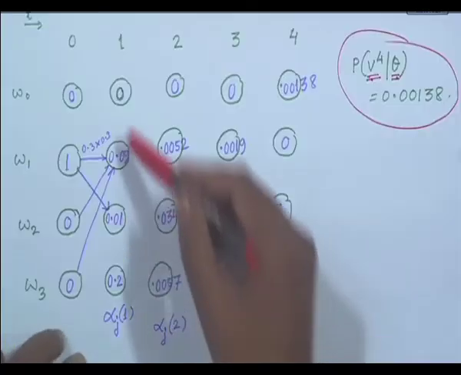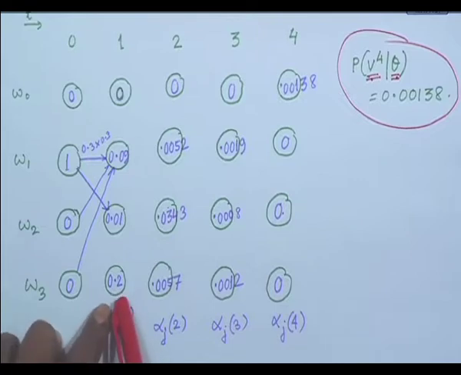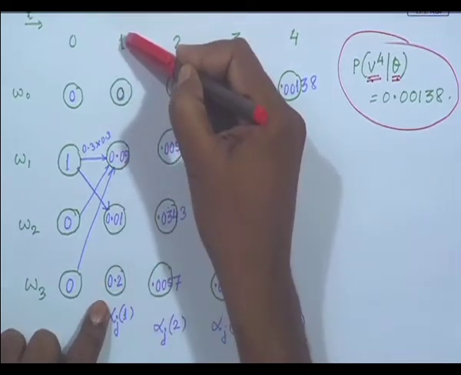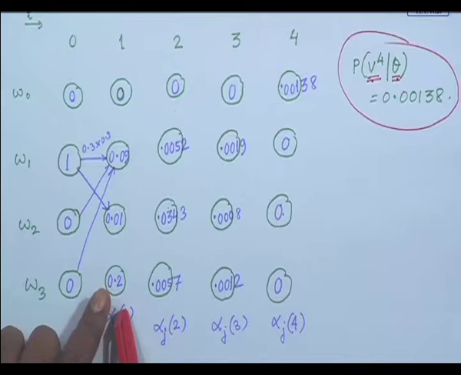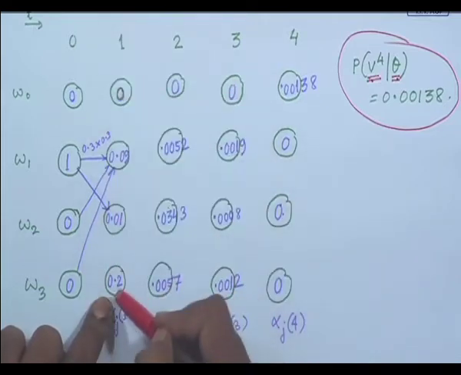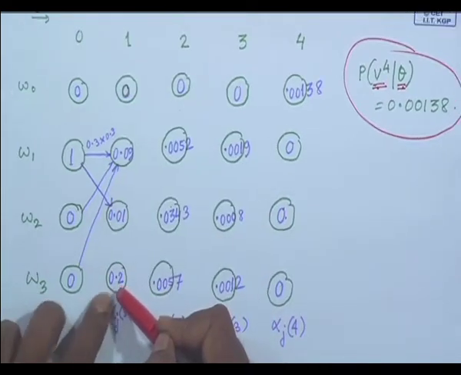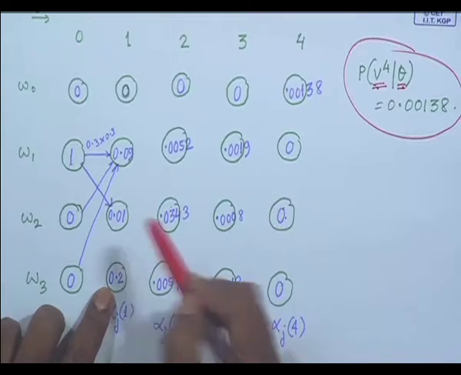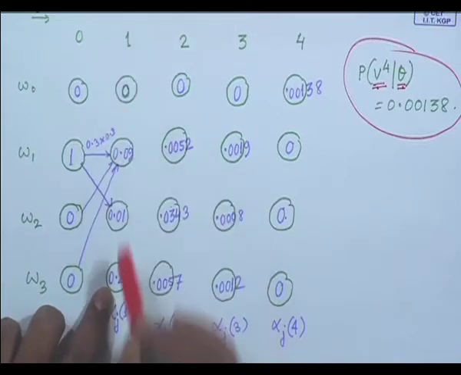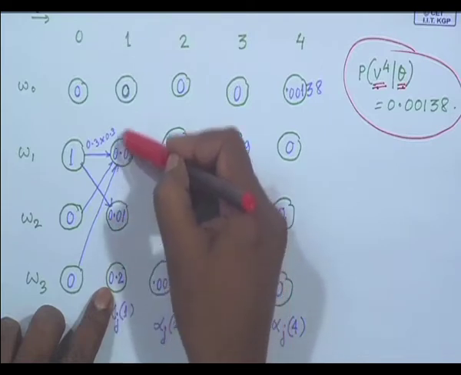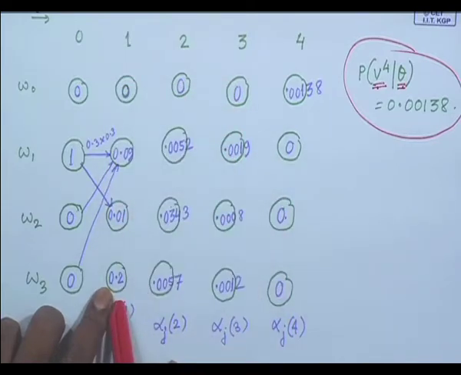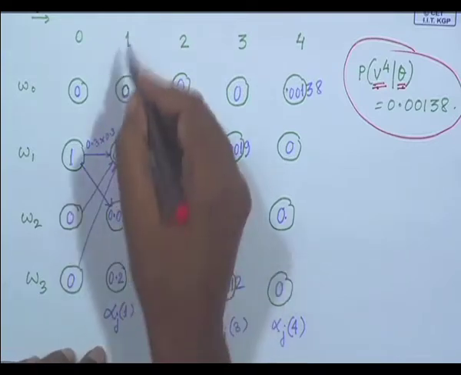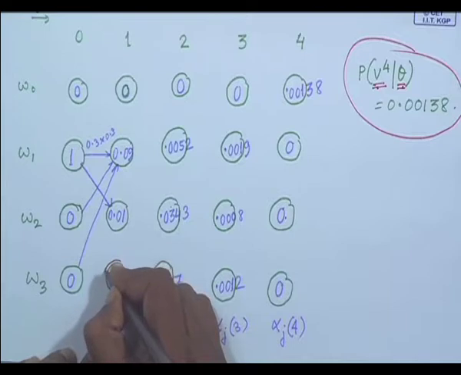Because you come over here, the most probable state in which the machine can be at t equal to 1 is omega 3, with probability 0.2, whereas the same probability for other states is less than 0.2. So, in time step 1, this is the most probable state.